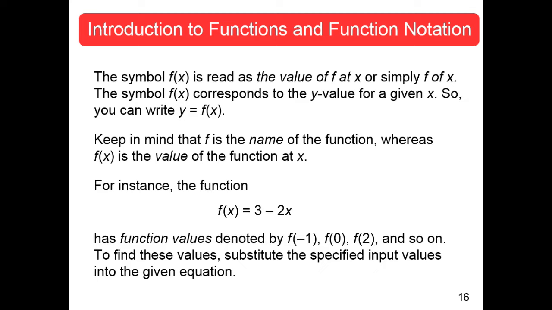Plug it in. So every time you see an x here, you put a negative 1. So what do you get there? 3 minus 2 times negative 1. Minus 2 times negative 1 is positive 2. 3 plus 2 is 5.